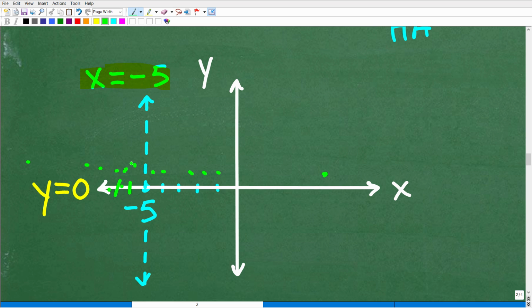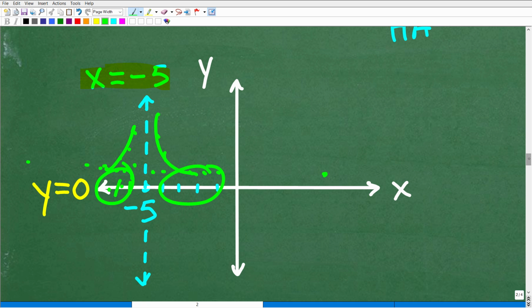That's a really good way to do this. But you don't need a ton of these x points, just enough to get a sense of what's going on. Like, how are these branches being constructed? So I'm going to select a few over here and a few over here.